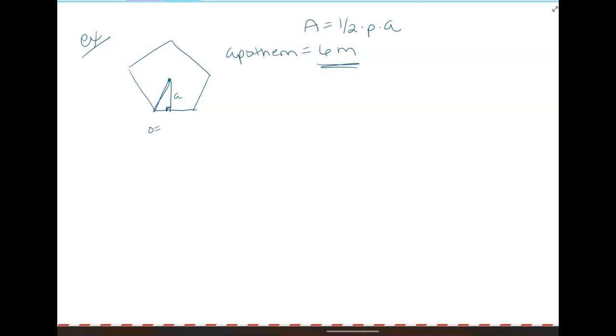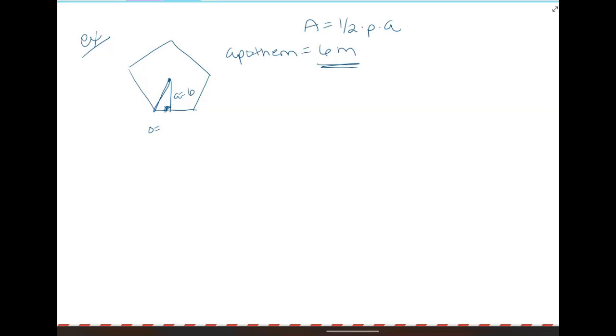In this case, the apothem is 6. We have our right triangle. And actually, we don't need the radius, right? The radius was helping us solve for both the apothem and the side length. But when they don't give us the radius, there's actually no reason for us to need that information. So that saves us some of the work here in order to use the formula for the area.